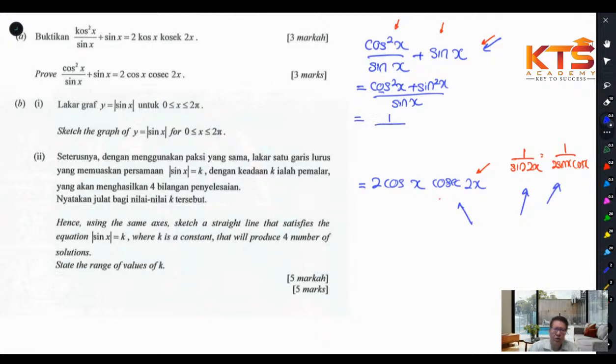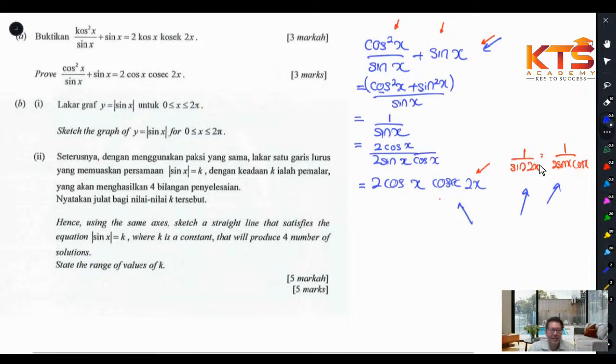I will have 1 over sine x, because cos square plus sine square equals to 1. I simplify already. Then I want to expand it back by multiplying 2 on top and 2 sine x at the bottom. And I want to multiply with a cos so that I can have a cos at the bottom.